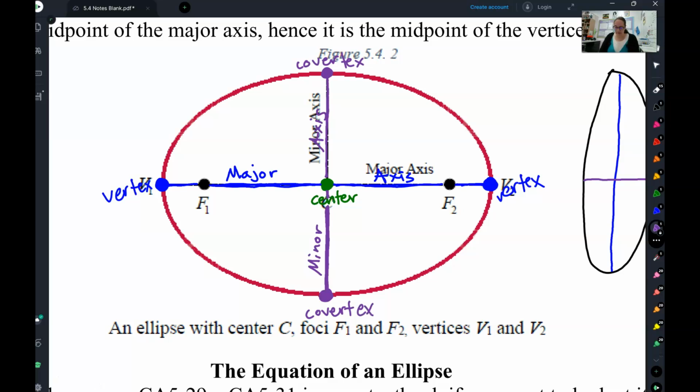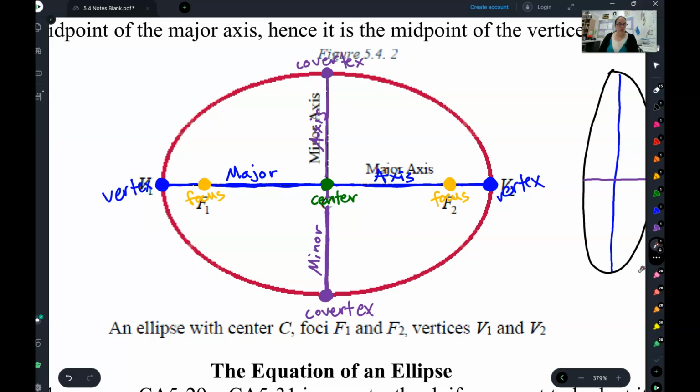And the last important thing that we need to talk about is our foci. I never know how to say it. Two, plural of focus. We also have two of them. Now, in a parabola, we only had one focus, and in an ellipse, we have two.